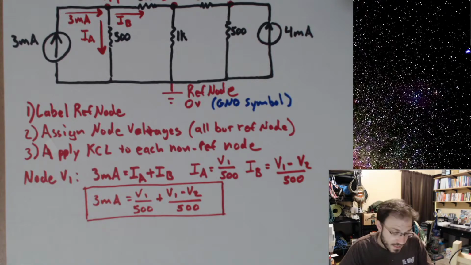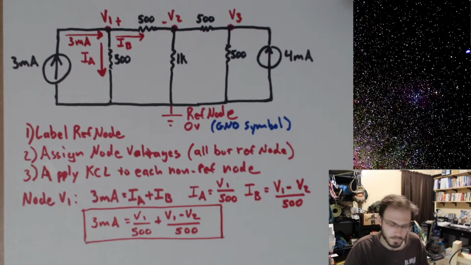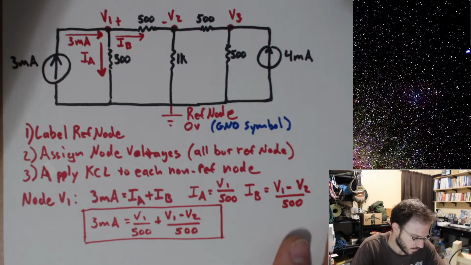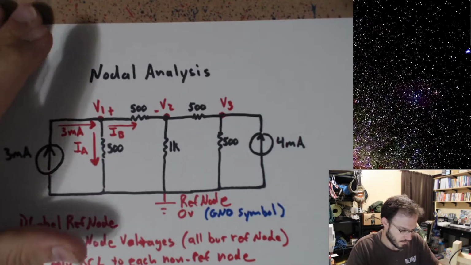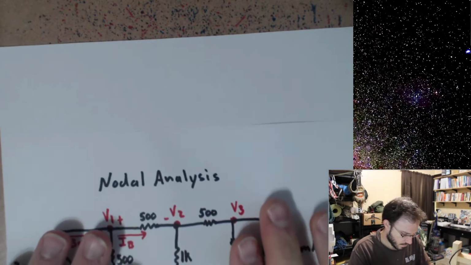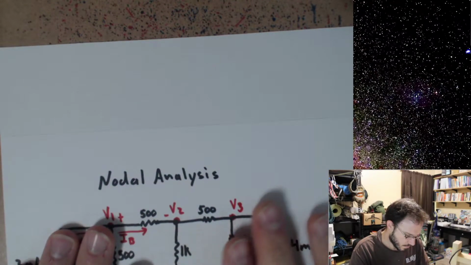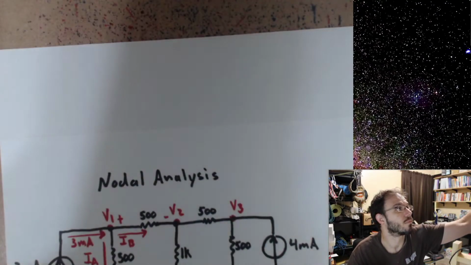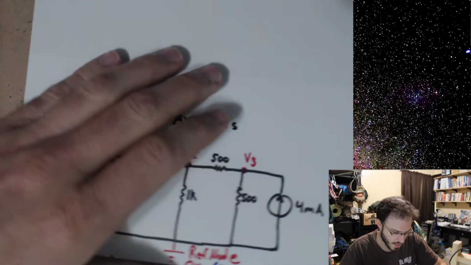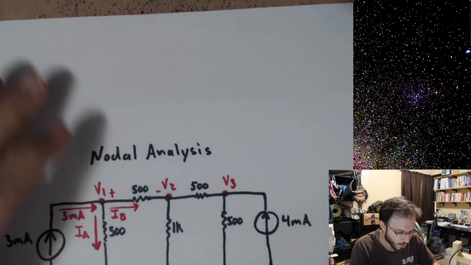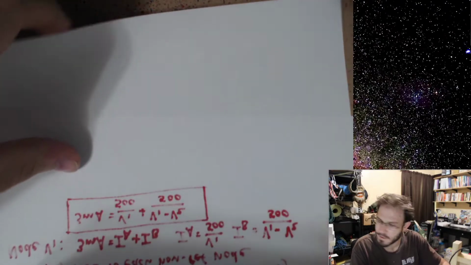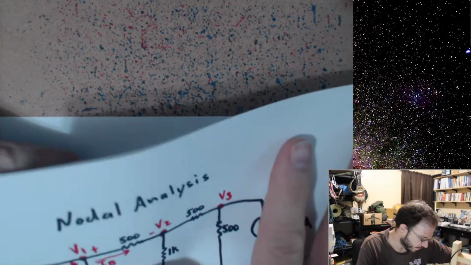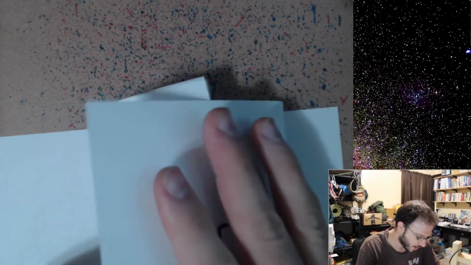Let's go ahead, let's do the same thing for node V2. If I just lay another piece of paper over this, I end up bleeding the marker through. So I kind of need to fold it if I want to reuse my drawing.